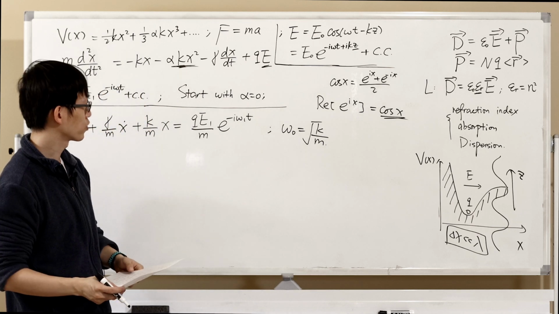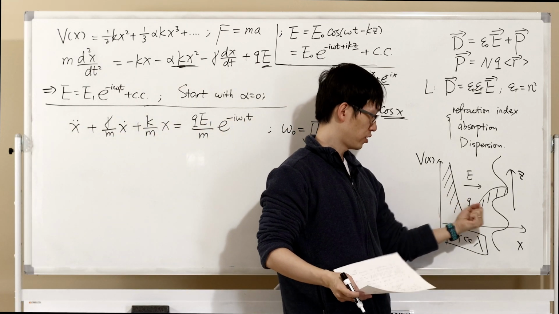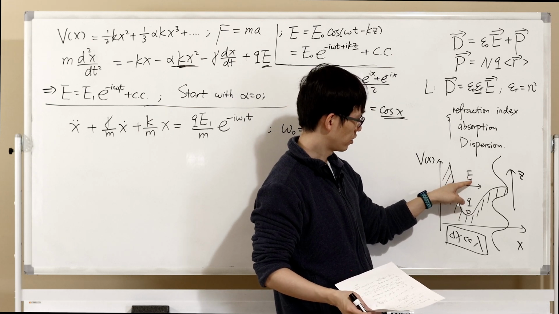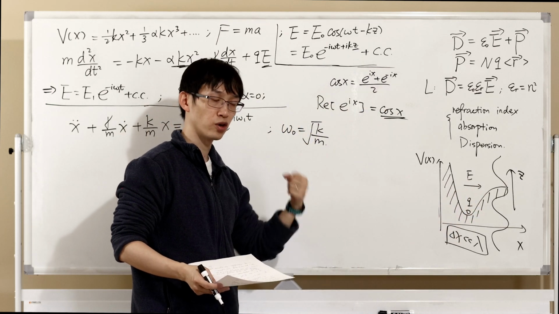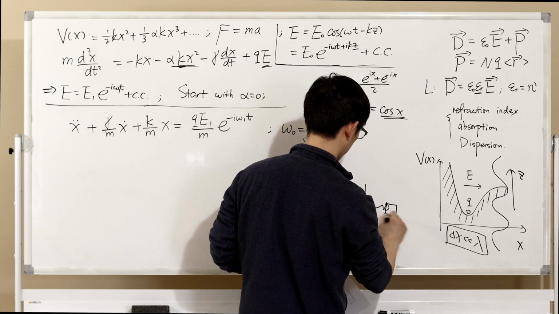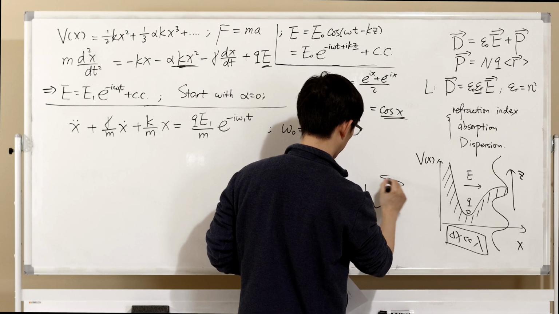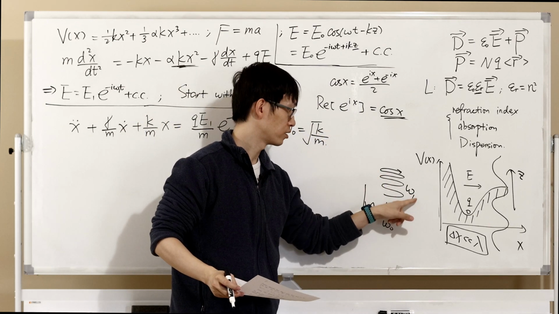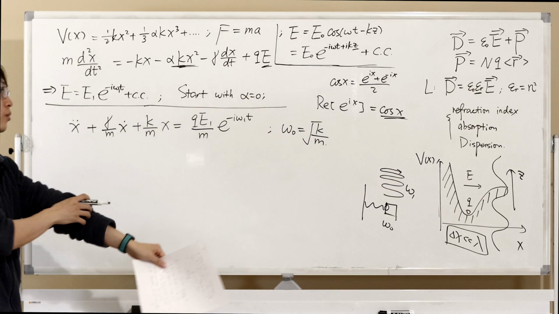So what this equation really describes is a molecule that has an intrinsic oscillation frequency, but you also have a light that's oscillating, right? So it's like a forced motion of a harmonic oscillator. Itself, it has omega knob frequency, but you also have a light wave that tries to oscillate it at the frequency omega 1. So it's a typical, very standard forced oscillation model.